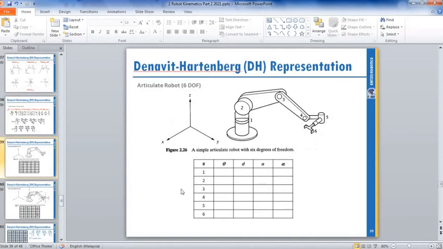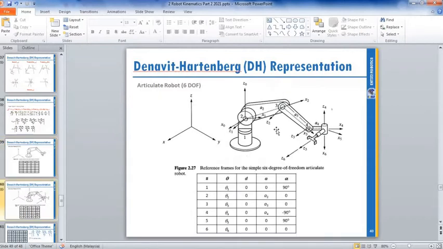This is the right hand rule, we call it the right hand rule frame. You have rotation for the first joint in this rotation, so that means your z is vertical. How do we develop this?